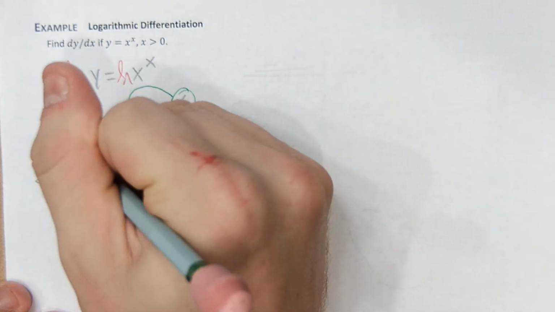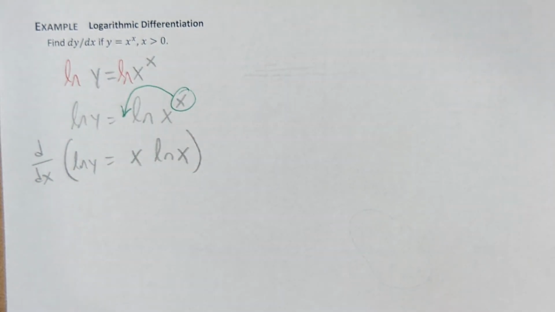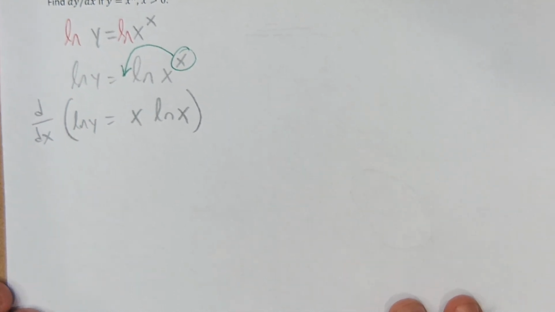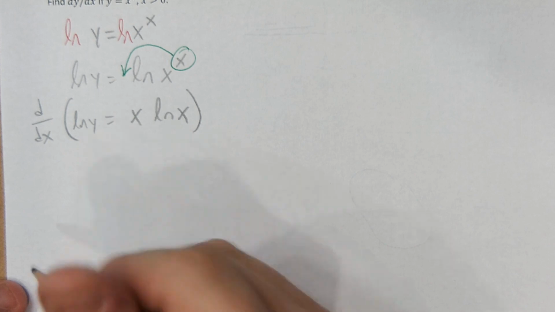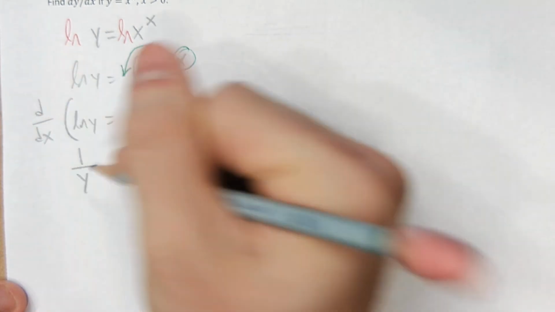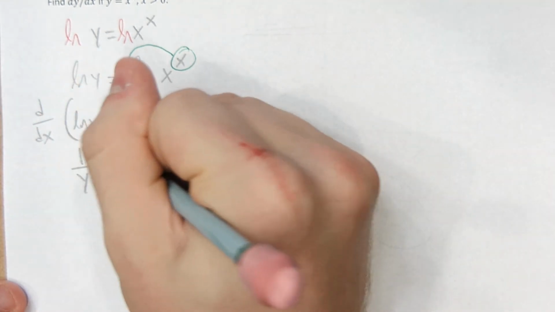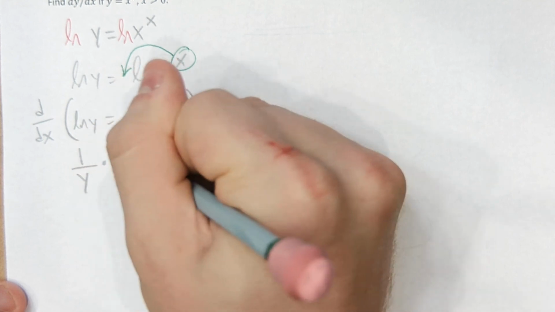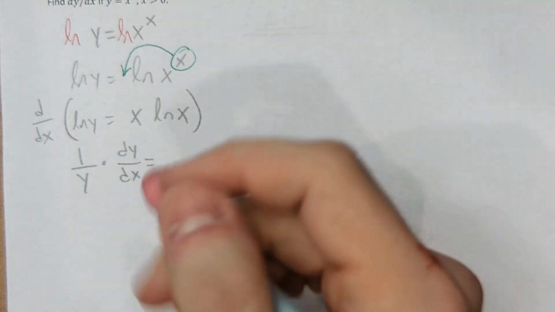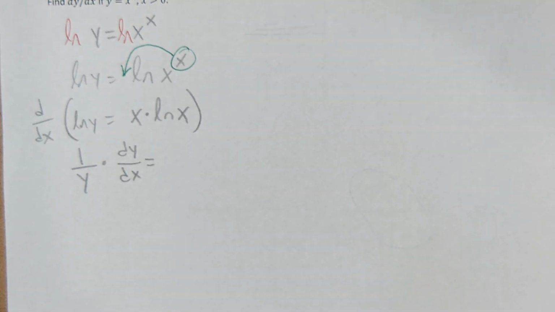And we can now find the derivative with respect to x of both sides. So implicit differentiation. On the left, the derivative of every ln is 1 over argument times the derivative of the argument. But on the right, we have a product rule.